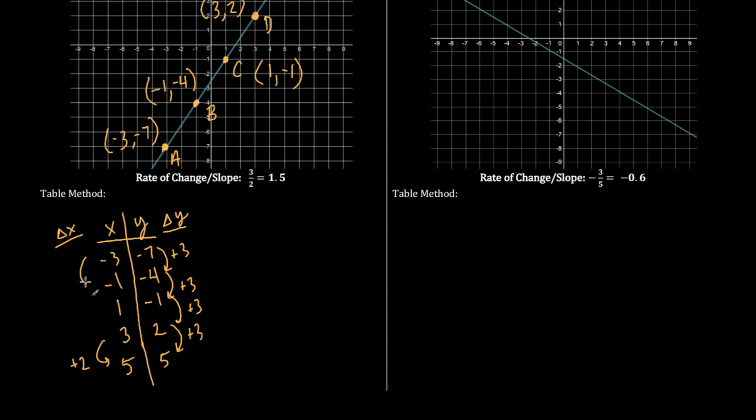And then we have +2 here. Does that match? Yeah, +2, +2, +2. Okay, cool. Good so far. So my change in y over change in x: we have a positive over a positive, which is a positive 3 over 2.